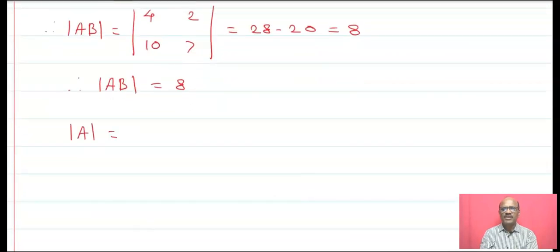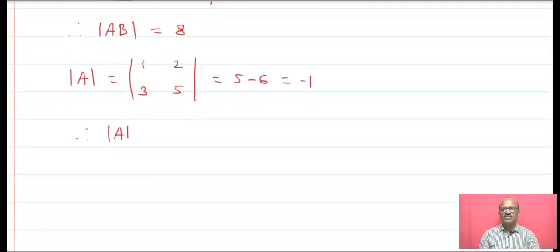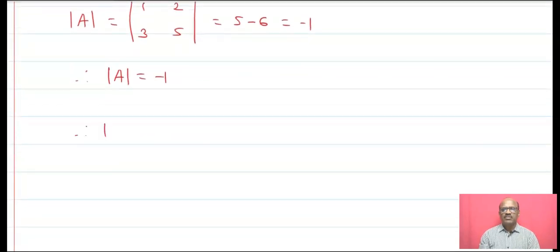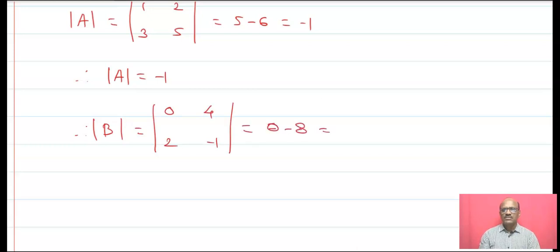Now determinant of A, that is 1, 2, 3, 5. That is 5 minus 6, minus 1. Determinant of A is minus 1. And determinant of B is 0, 4, 2, minus 1. That is equals to minus 8.